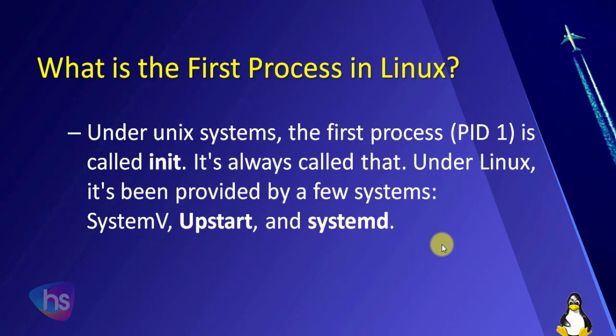Under Linux, it is provided by a few systems: System V, Upstart and systemd. Why these? The flavors of the operating system may change their services, hence the naming convention and nomenclature of the services changes.